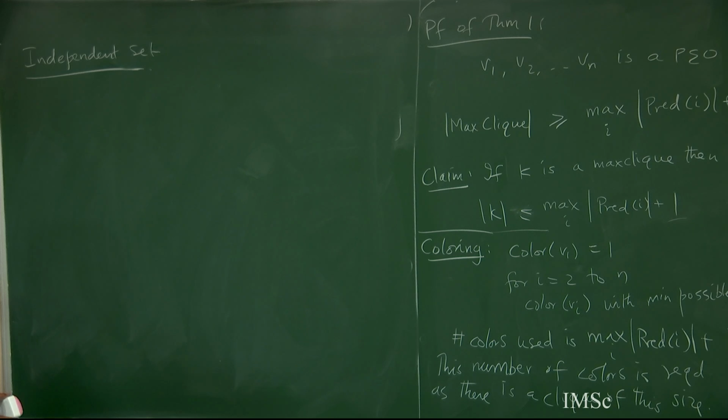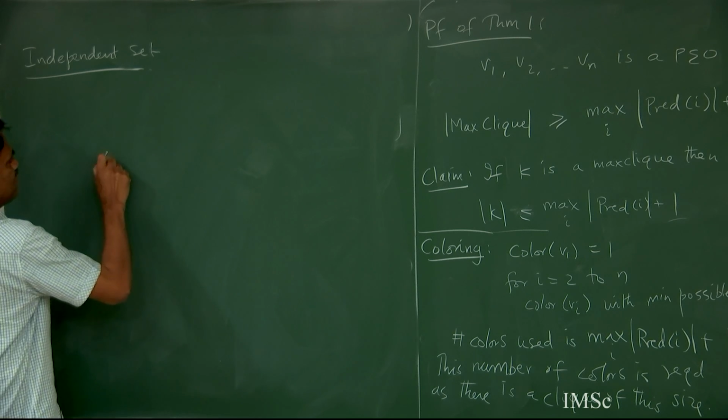I was going to suggest maybe I do a greedy: I pick V1 into my solution, avoid all its neighbors, pick the next available vertex into my solution and keep doing it. Unfortunately that doesn't work.